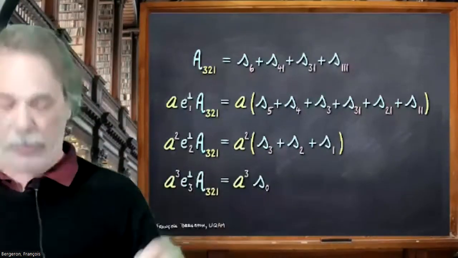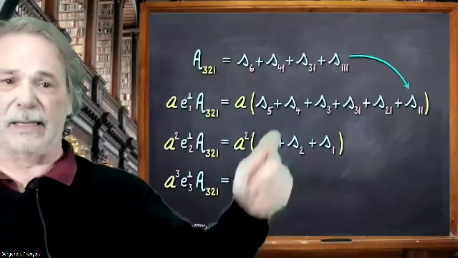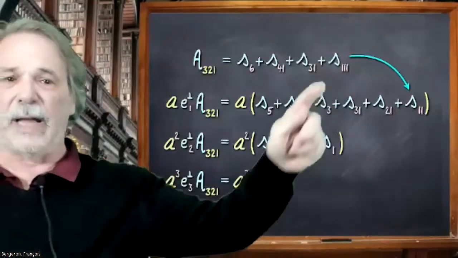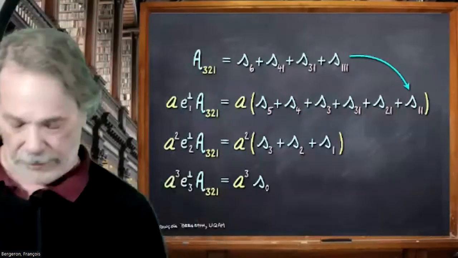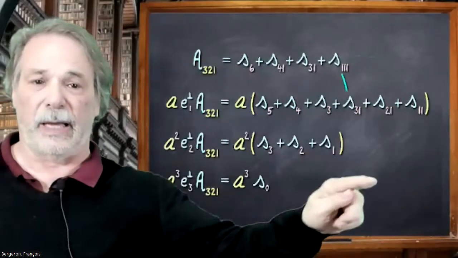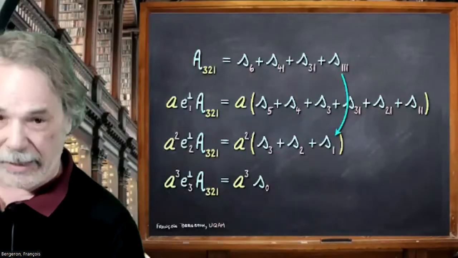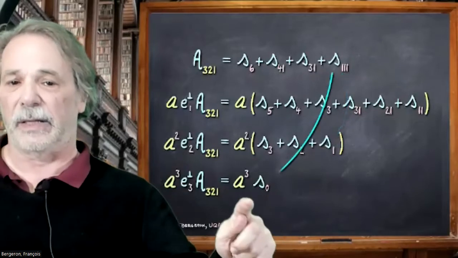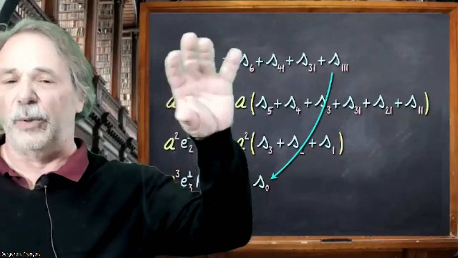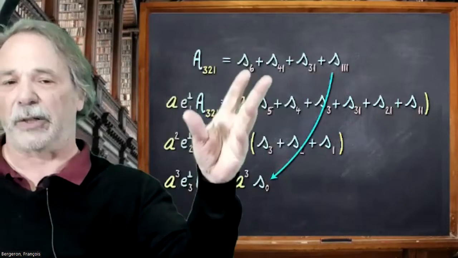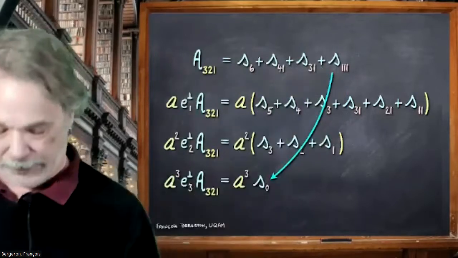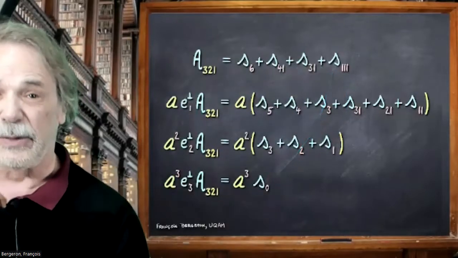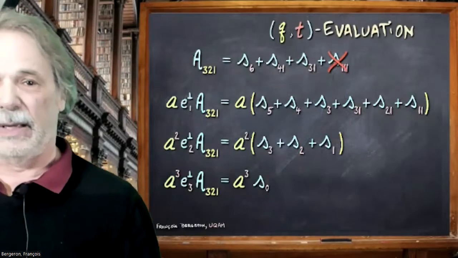So if you remove this last term, you're not able to get this guy, you're not able to get this guy, and you're not able to get this one. So you will see just a portion of the picture if you remove this one. So that's the reason why I want to keep them.